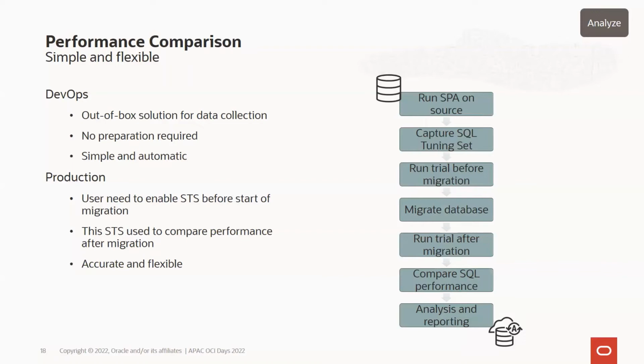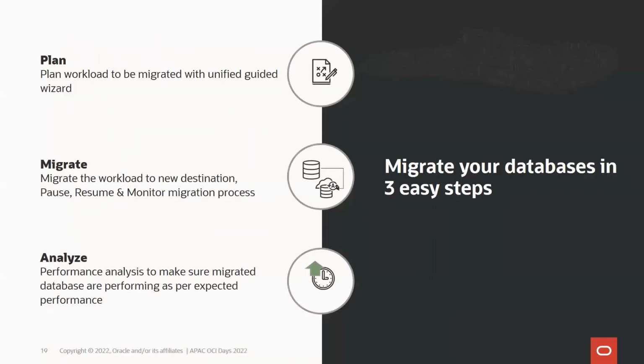Migration Workbench allows the user to select the best STS created by this process. Based on an option, you can choose the performance analysis reports which are created. As discussed, there are three simple steps: plan, migrate, and analyze, that you have to follow to migrate your database to a new destination.